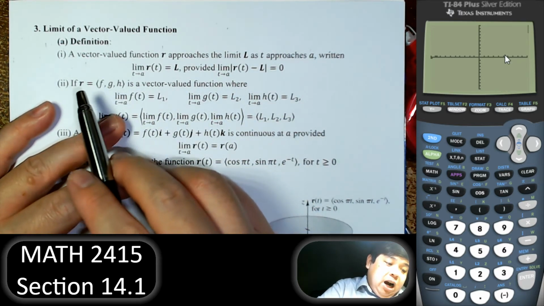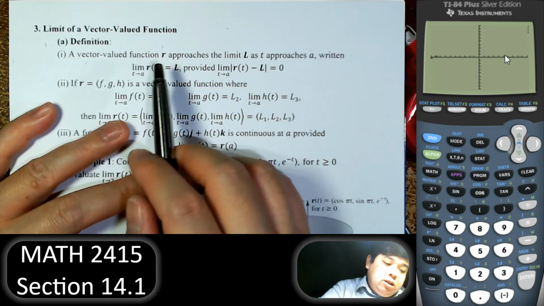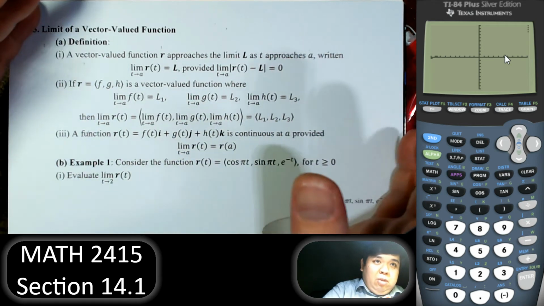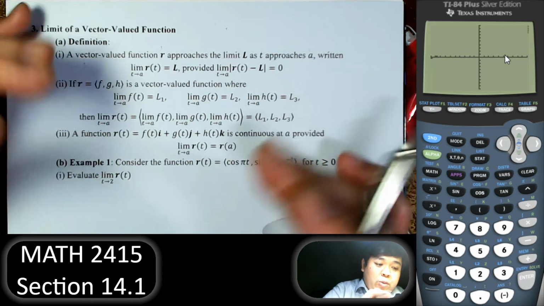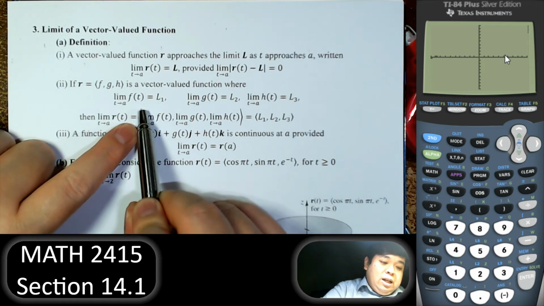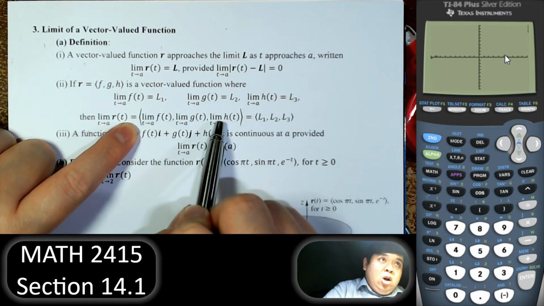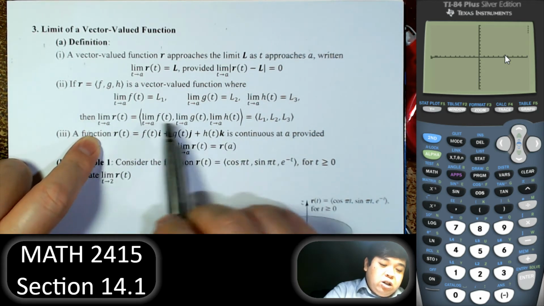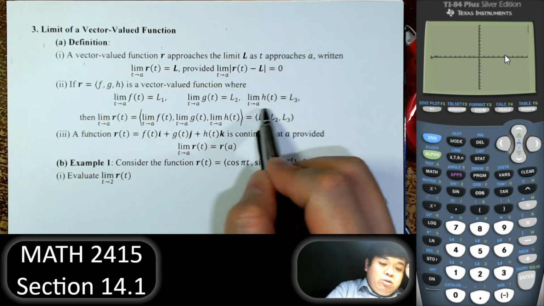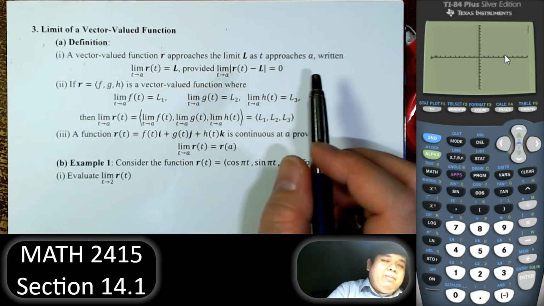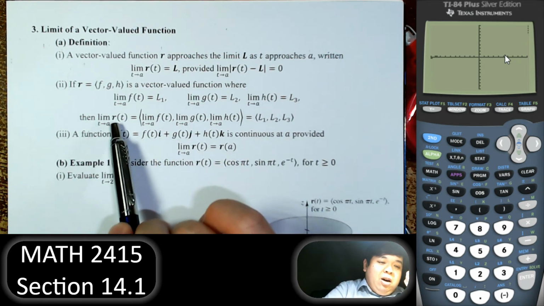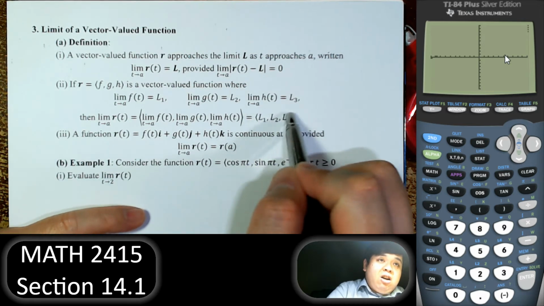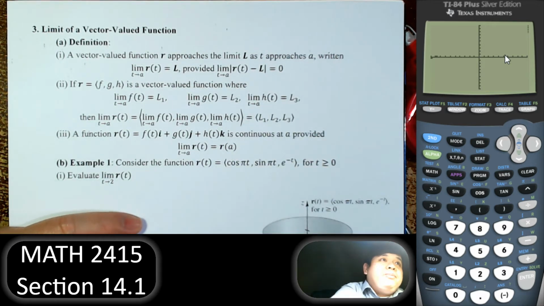The limit of the vector valued function is the vector valued function of the limits. If all of the components have limits, then the limit of the vector valued function equals the vector of the limits, because here they are constant, so we don't have a function here anymore.